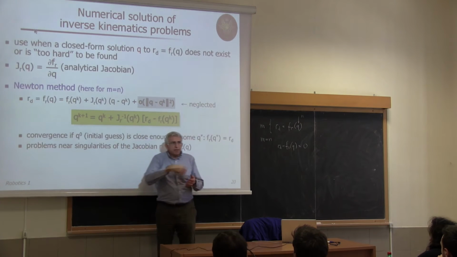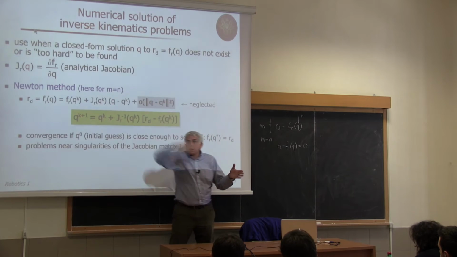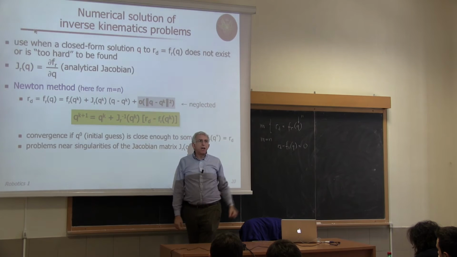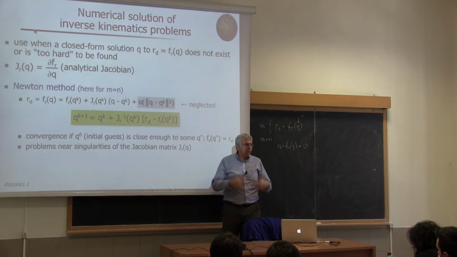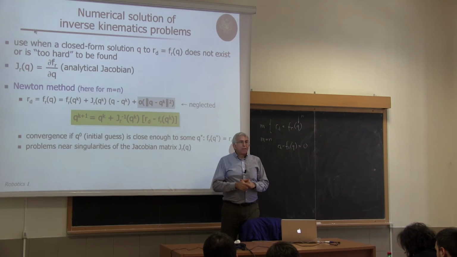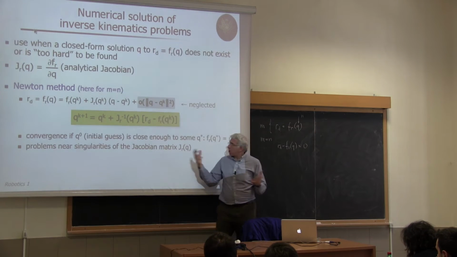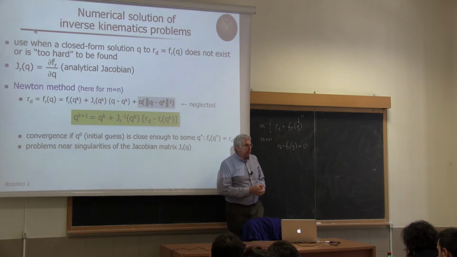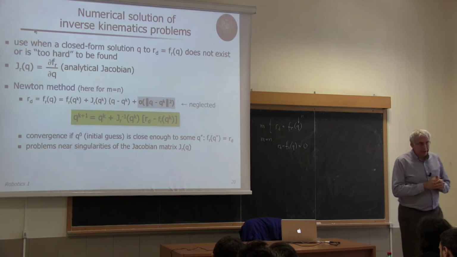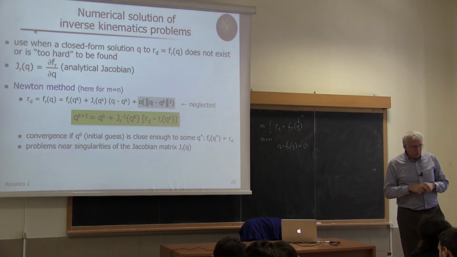So the iteration becomes unstable, because QK plus 1 will be far away, and then from QK plus 1 we will get another point in the configuration space as a possible solution, which is very far away again, and so typically you don't converge. So there are problems in singularity, certainly, because we cannot invert the Jacobian, but also near singularity. And how near, it's a matter of putting a limitation. Okay?